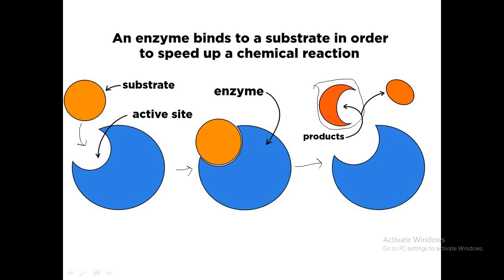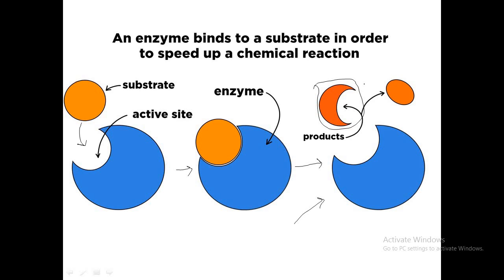This regulation is achieved in several ways. One is the expression of the enzyme. If the expression of the enzyme gets regulated, the formation of product will also get regulated. If the expression gets lower, the enzyme won't be available to form the product.